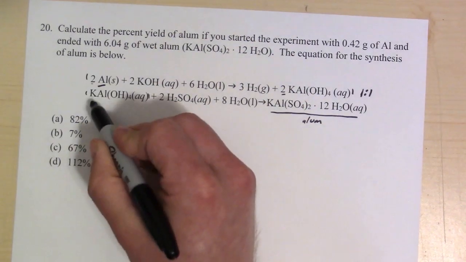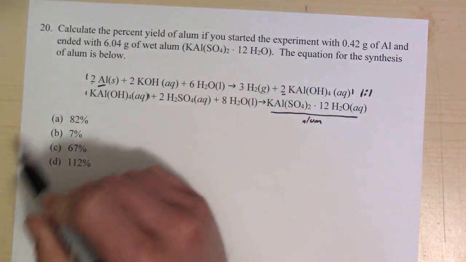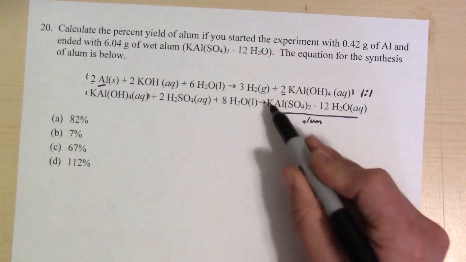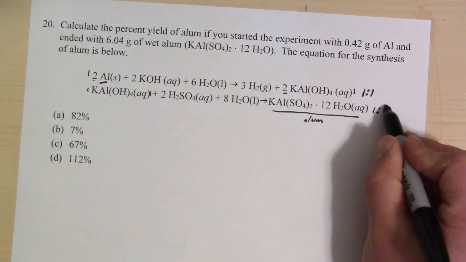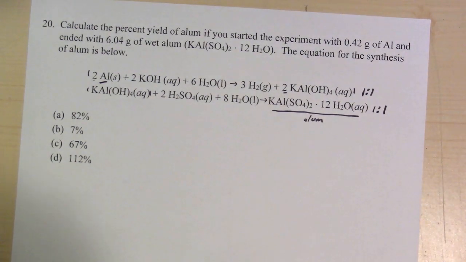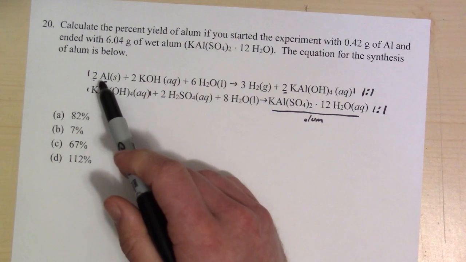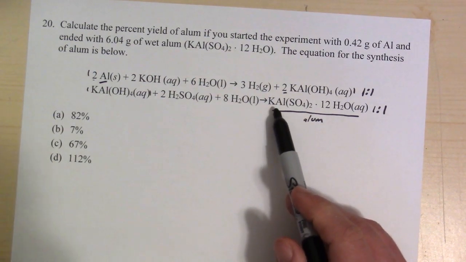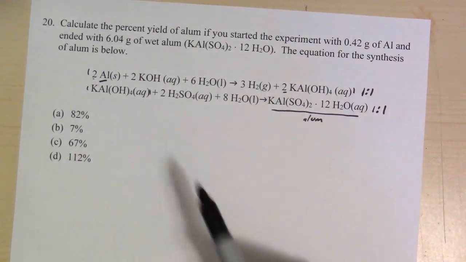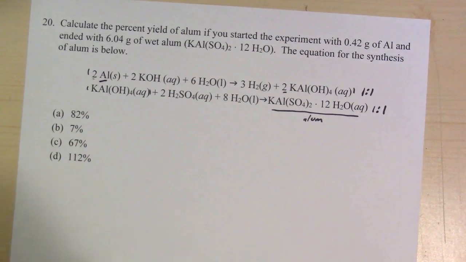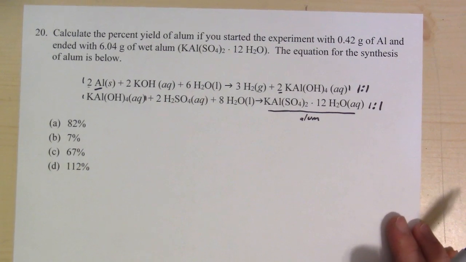So we look at the coefficients then of the potassium aluminum hydroxide, which is 1. The coefficient of alum is 1. So the stoichiometry there is also 1 to 1. So for every mole of aluminum we put in, we should get 1 mole of alum, because there's a 1 to 1 stoichiometry from the starting material to our product alum here.